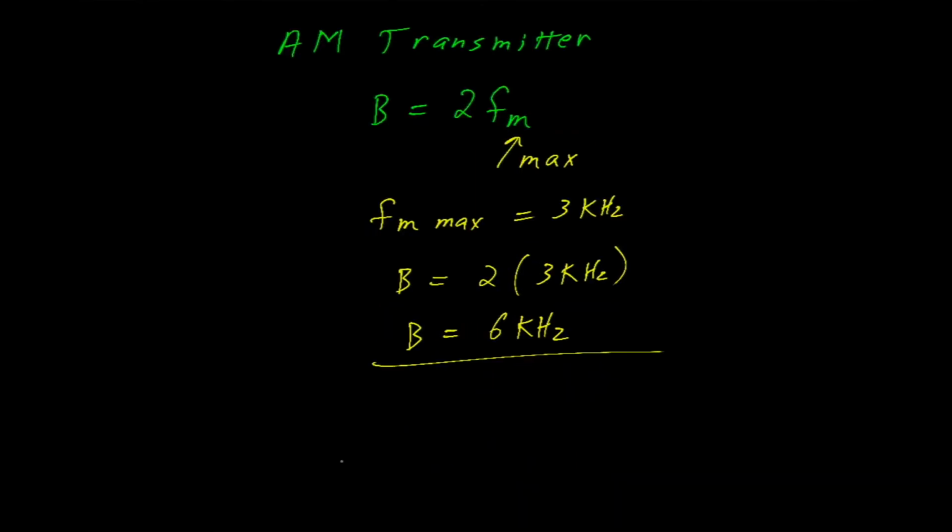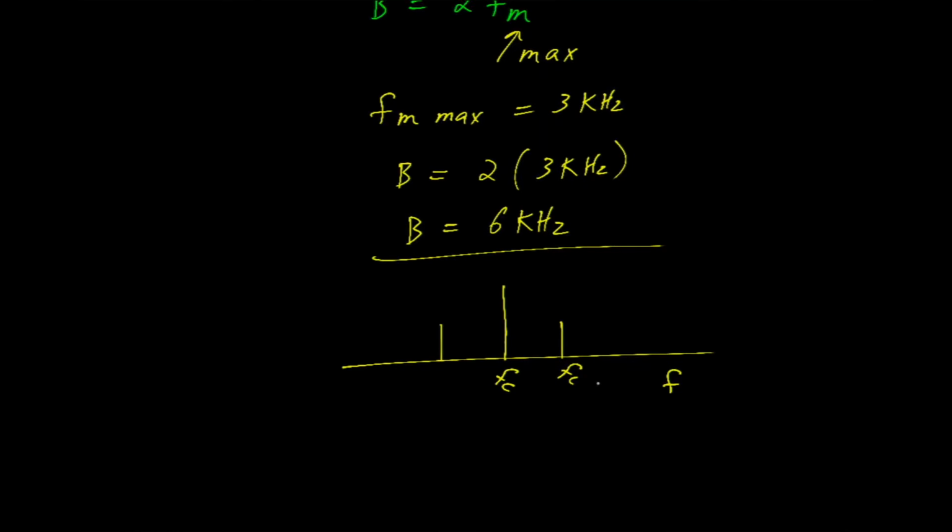In the frequency domain, we sketch that as the carrier, so this is the frequency of the carrier, and then 2 sidebands. So this is FC plus the modulating frequency, and this is the frequency of the carrier minus the frequency of the modulating signal. And we call this the upper sideband and this the lower sideband.